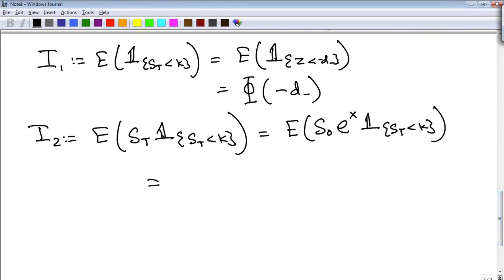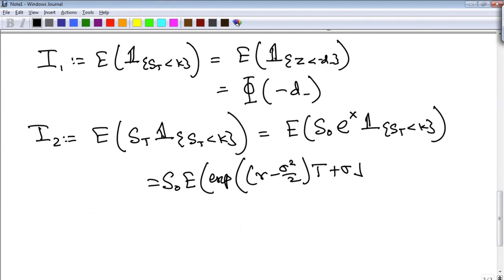Before that, you take S_0 out and you have E of exponential of (r minus sigma square by 2) into capital T plus sigma root T into Z, the standard normal, times 1, and instead of S_T less than K, I can write Z less than minus d minus, because we have shown that both are equivalent.